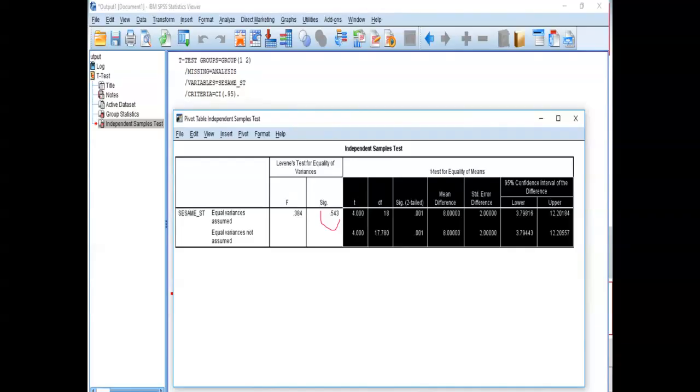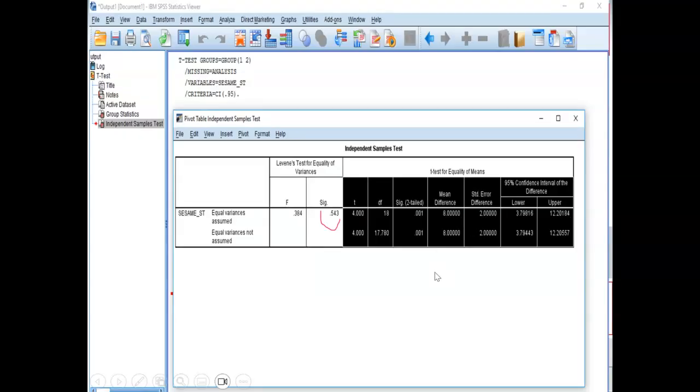SPSS does that by default whenever you have two or more groups, and you're going to see that in ANOVA too. And as you can see, it's not significant. That's good. Unlike the null hypothesis that we have to find significant, since that number is greater than 0.05, it's not significant. But the t-test hypothesis is in black.